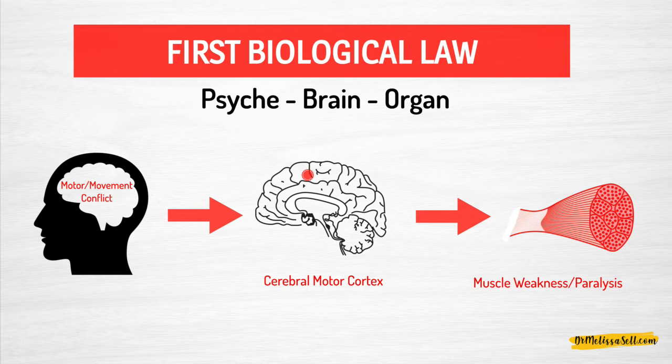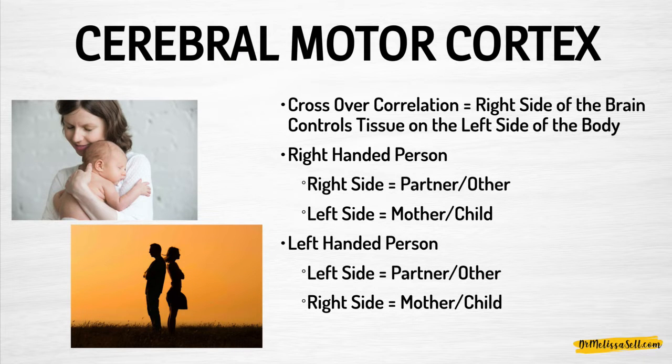So in the cerebral motor cortex, the region of the brain that we're dealing with, there is a crossover correlation where the right side of the brain controls the tissue on the left side of the body. Now, this is very relevant if you're trying to figure out what type of conflict a person has experienced. A right-handed person, if their conflict was in regards to their mother or child, their symptoms will show up on the left side of their body.